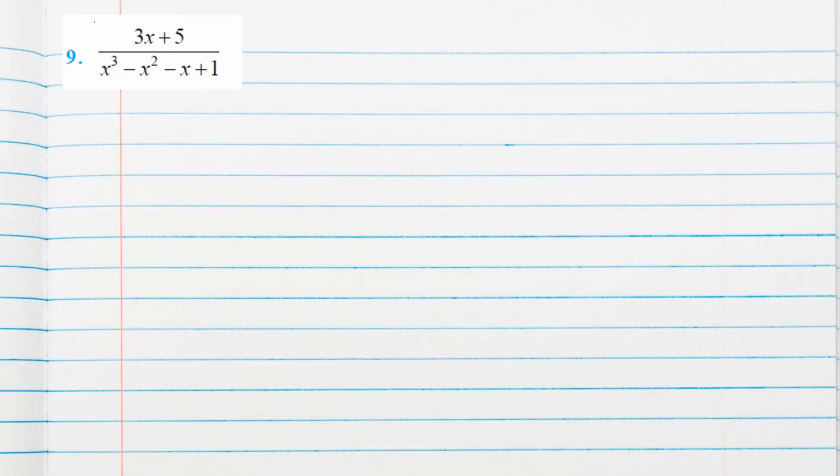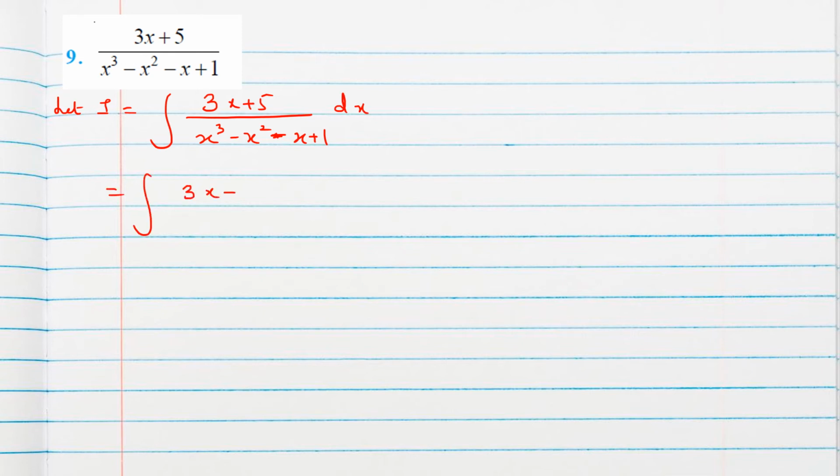Question number 9. Let the integral be I. Here a cubic polynomial is given, so we can check whether we can factorize it or not. If we take x square common from the first two terms, we'll get x minus 1.